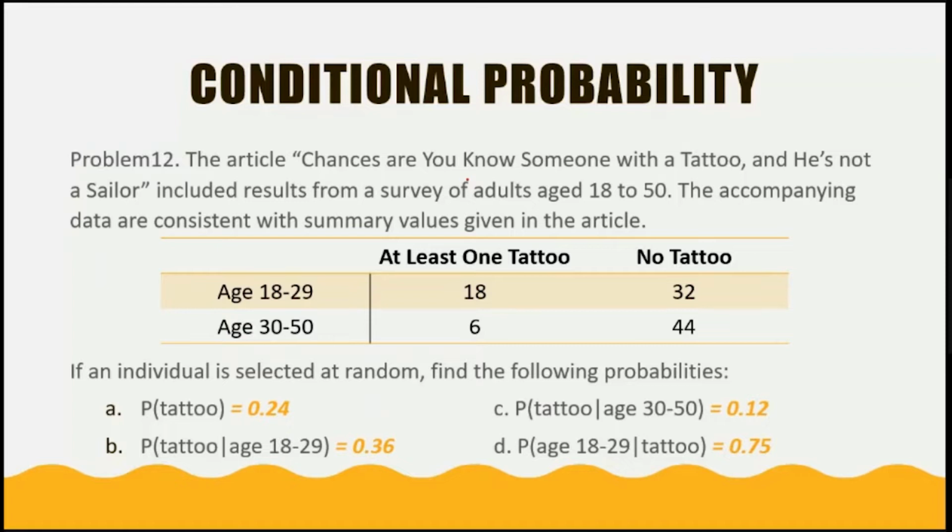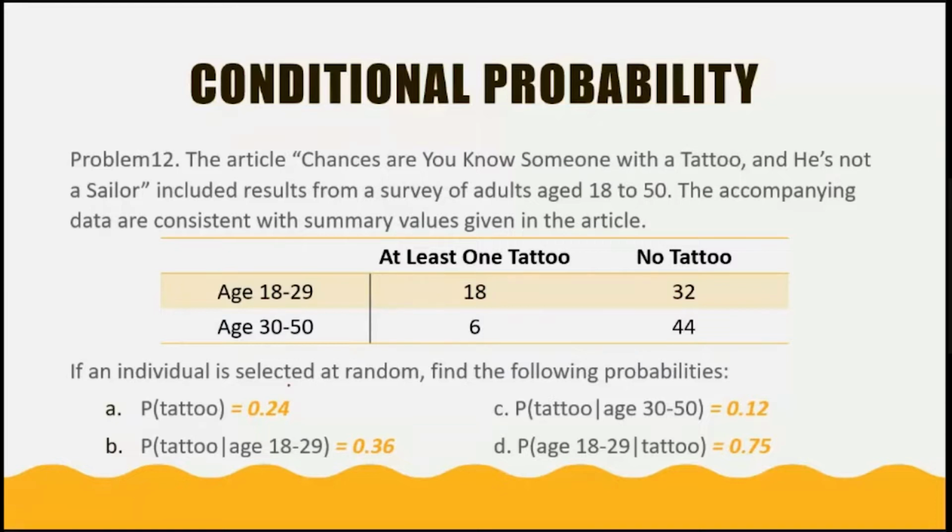and Is Not a Sailor," which includes results from a survey of adults aged 18 to 50. The accompanying data are consistent with summary values given in the article, which is shown here.